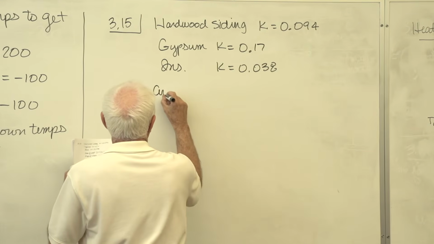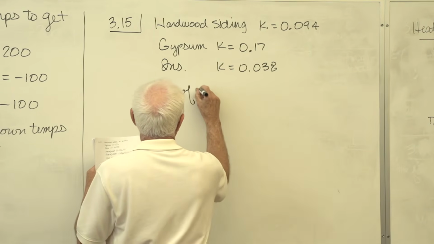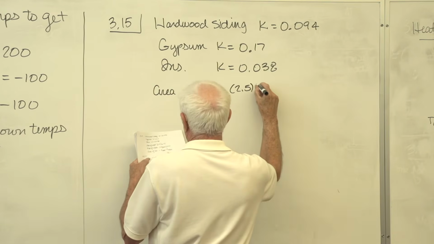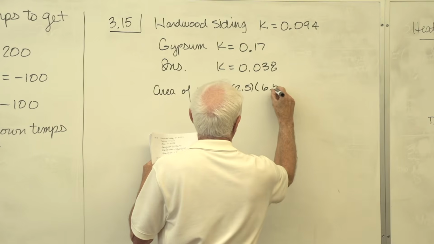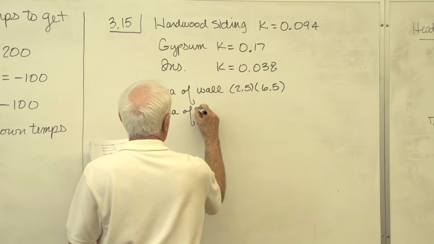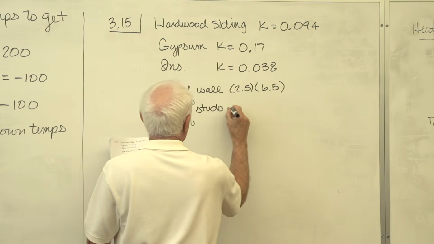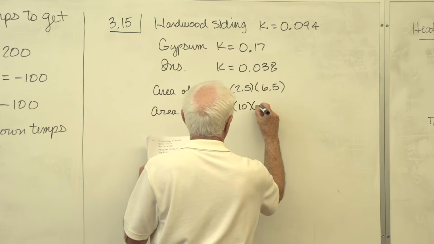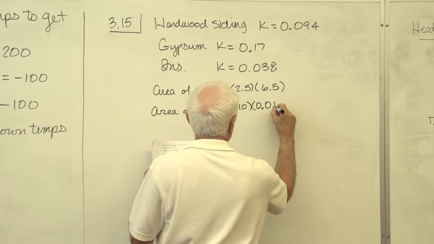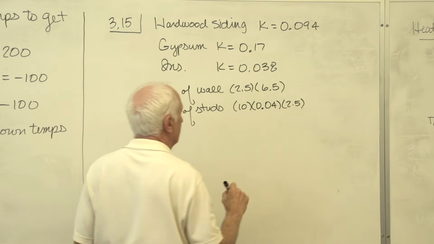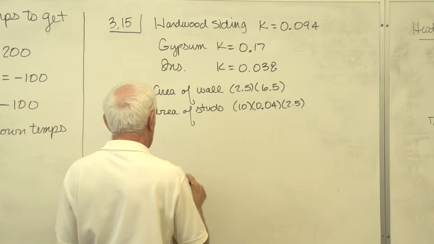Area of the total wall, 2.5 meters high by 6.5 meters long. Area of studs: there were 10 studs, each stud 4 centimeters by 2.5 meters.